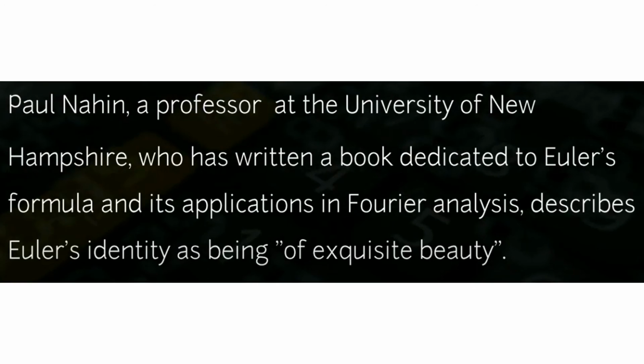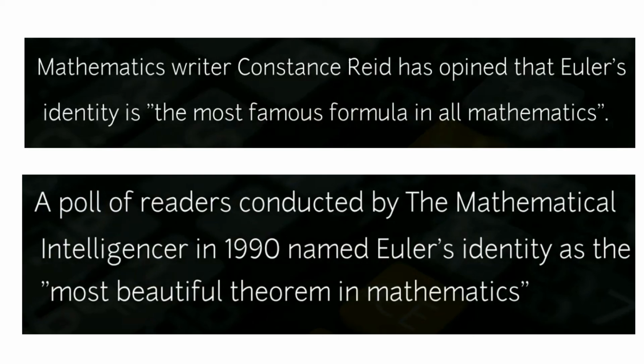Paul, a professor at the University of New Hampshire, in his book which was dedicated to Euler, says this Euler's identity is the exquisite beauty of math. Mathematics writer Constance has expressed that Euler's identity is the most famous formula in all mathematics.